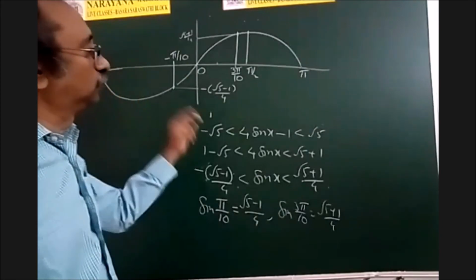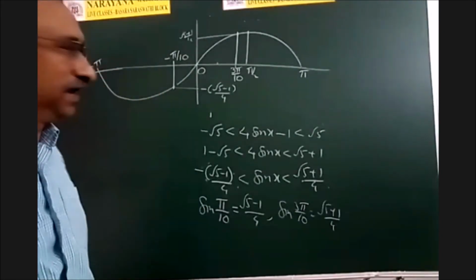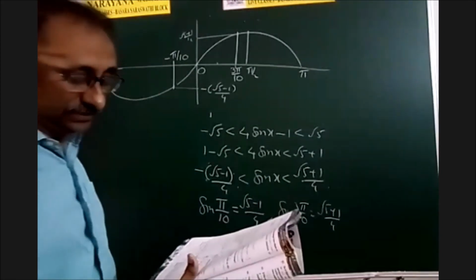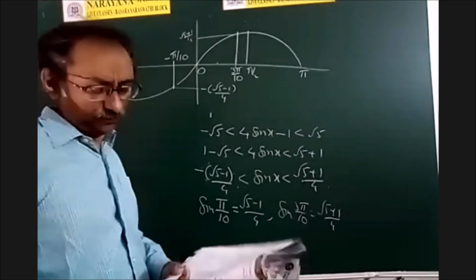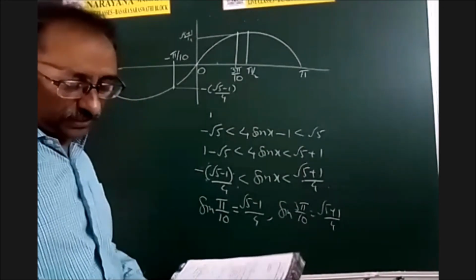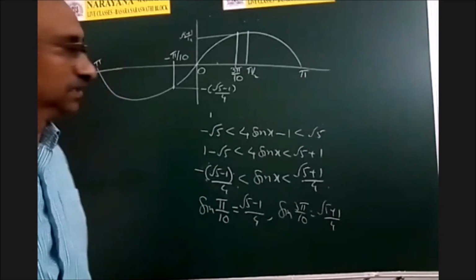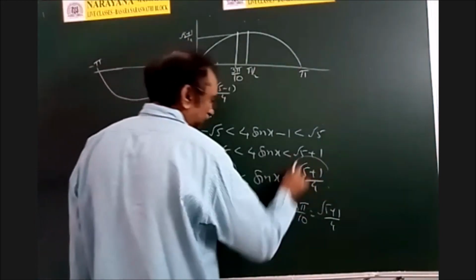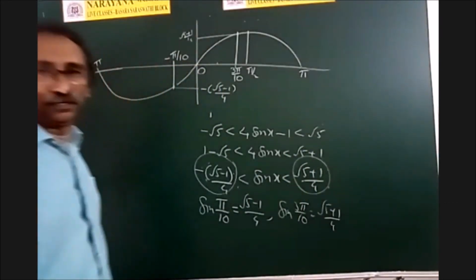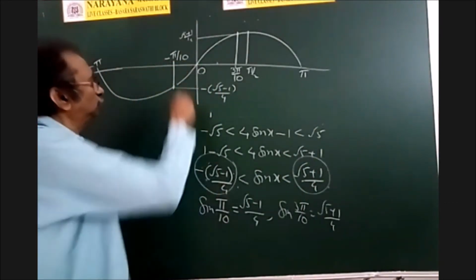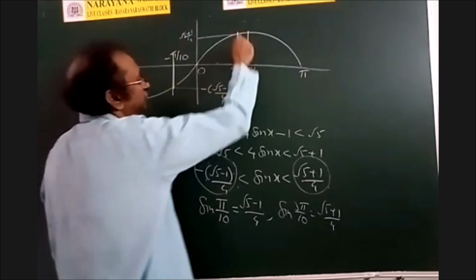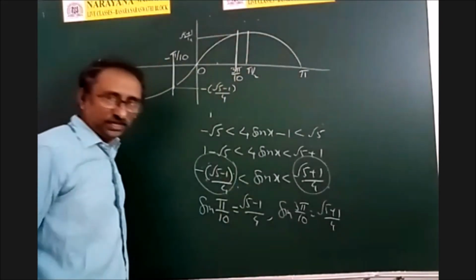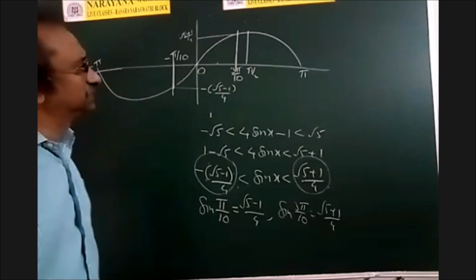Now, I have a doubt in this. The question is, set of all x in minus pi, pi is asking like that. That means sin x values should lie in between these two numbers. That means whether the solution is minus pi by 10 to 3 pi by 10 only, or any other interval is there.